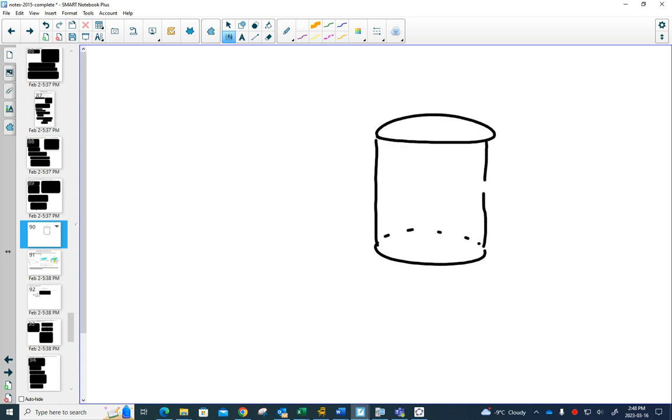This is a cylinder. The formula for the volume of a cylinder is pi r squared times h. And what I like to use as a visual of this, pi r squared is an area of a circle. If you took one circle, cut it out of paper, it would fit nicely right on the bottom.